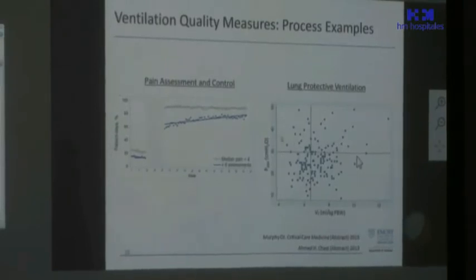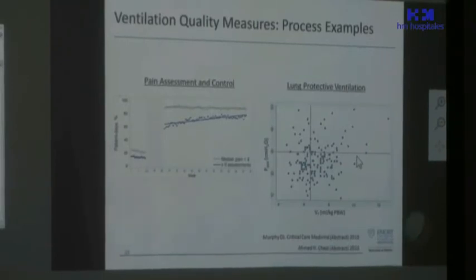In the top left box, we see patients who presumably have quite stiff lungs, and those are folks that perhaps Pauline can help us out with in our next talk when we're talking about ECMO. And then in the top right, again, we have patients who are receiving higher tidal volumes and higher plateau pressures.